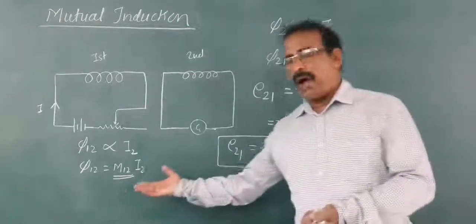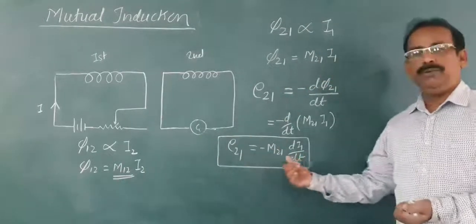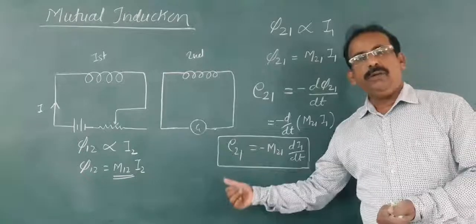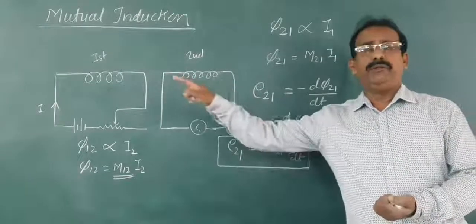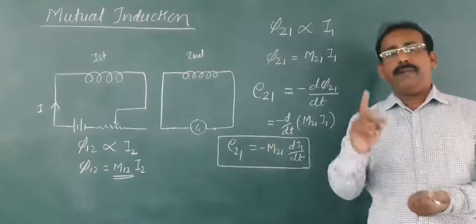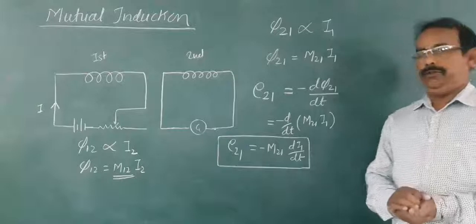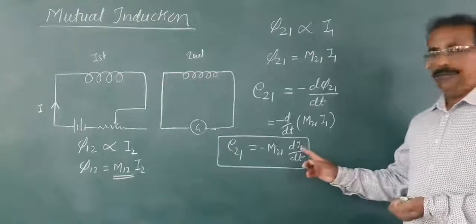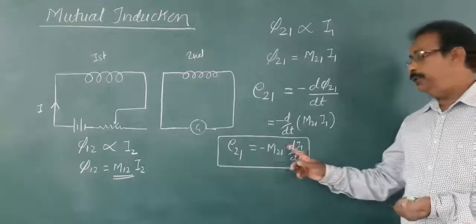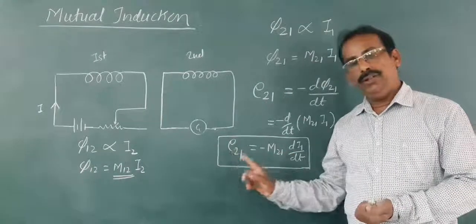Put this value of ∅12 there. Again you will get this type of equation. E12, the EMF induced in the first coil, is equal to minus M12 into di2 by dt. Here you will get di2 by dt, here minus M12, and here E12.